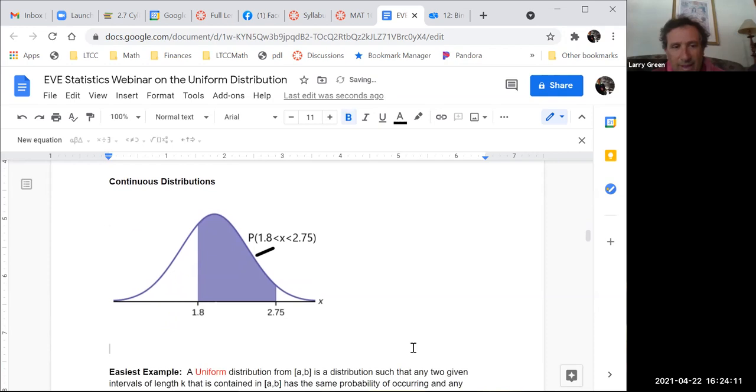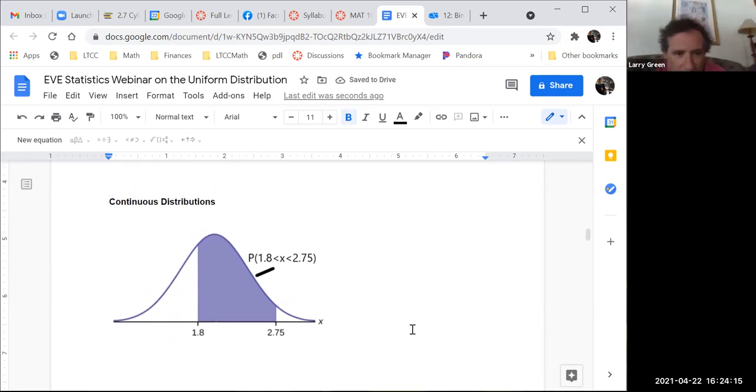Let me ask you, see if you remember. Here's an example of a continuous distribution, and I have an important question for you. What's the shape of this particular distribution, in one word?